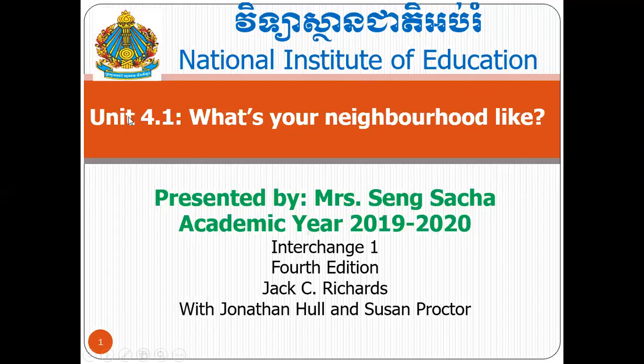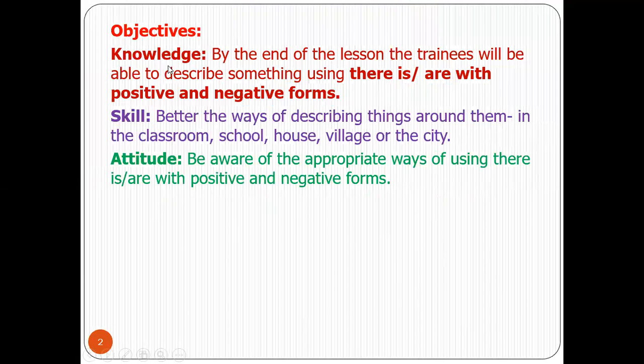Our lesson today is Unit 4. What's your neighborhood like? Our objectives. Knowledge: by the end of the lesson, the trainees will be able to describe something using there is and there are in positive and negative forms.